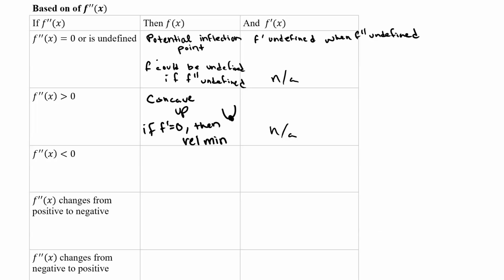So if f double prime changes from positive to negative, that would mean we go from increasing to decreasing. That means we're going to have a relative max on our f prime graph, and the opposite gives a relative min on our f prime graph.